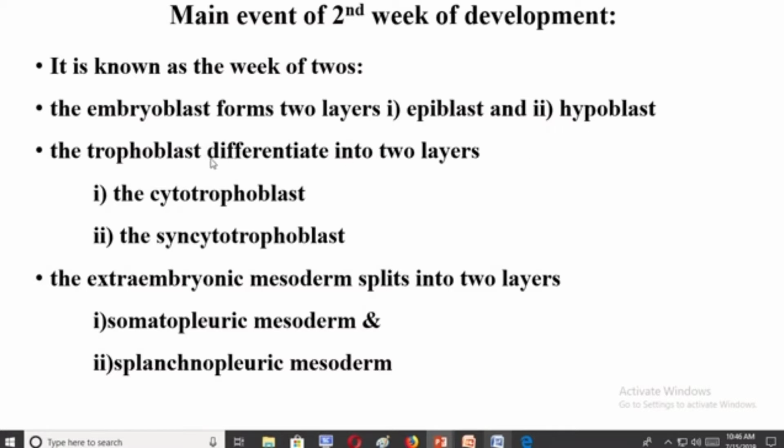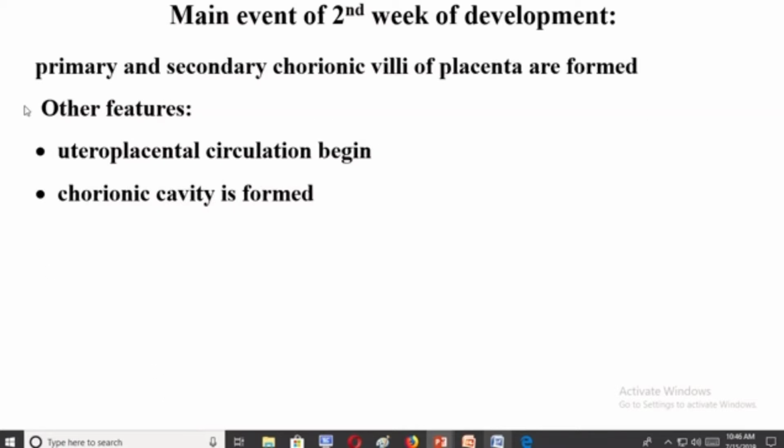The trophoblast differentiated into 2 layers, cytotrophoblast and syncytiotrophoblast. The extraembryonic mesoderm split into 2 layers, somatopleuric mesoderm and splanchnopleuric mesoderm. And primary and secondary chorionic villi of the placenta are formed, and other features: uteroplacental circulation begins, and the chorionic cavity is formed. So this is all.